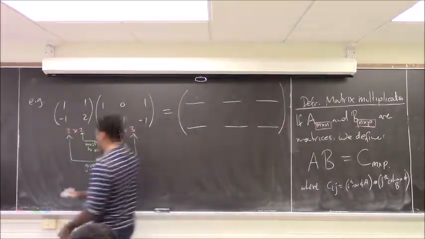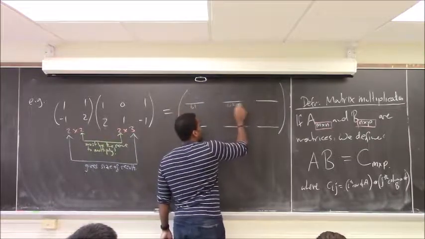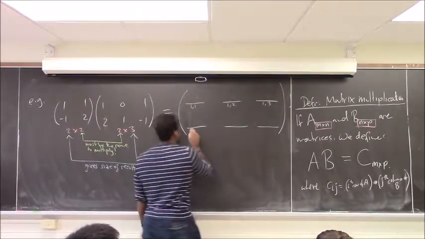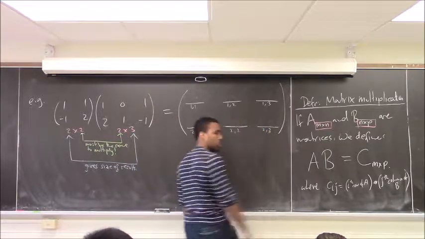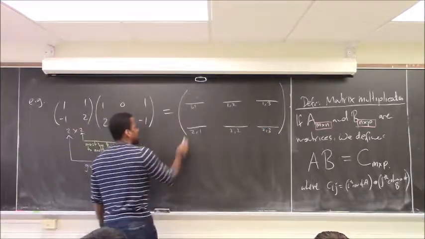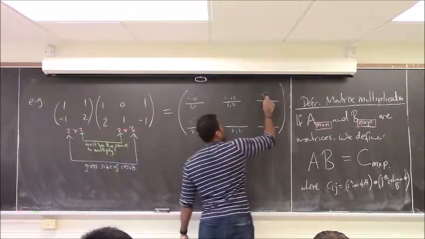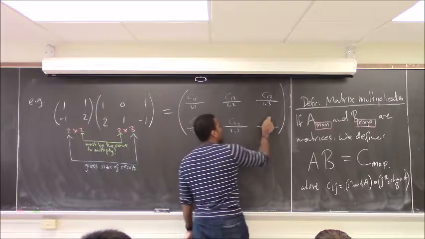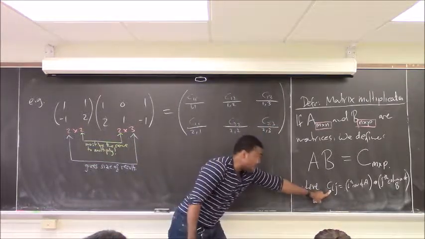Well, notice that this is the 1,1 entry, this is the 1,2 entry, this is the 1,3 entry, this is the 2,1 entry, this is the 2,2 entry, this is the 2,3 entry. So this is like your C2,1, C1,2, that's your C1,3, that's your C2,2, that's your C2,3. So that's these guys I just identified.